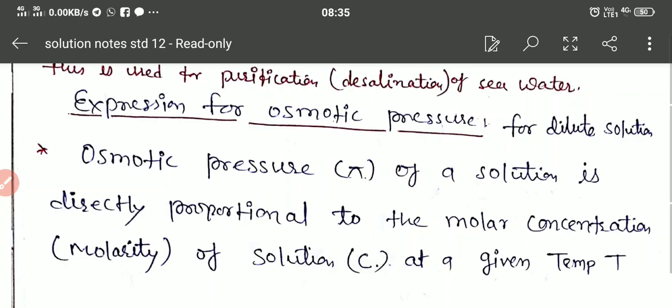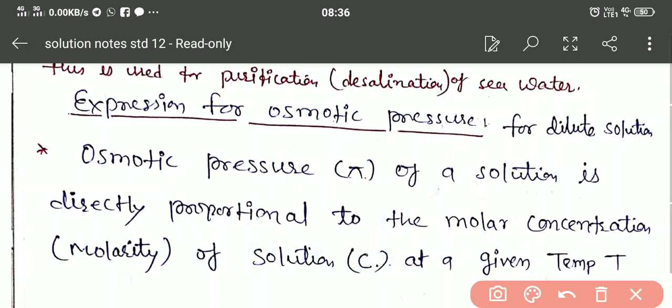So the expression for osmotic pressure for a dilute solution can be found by the following method. First we know the osmotic pressure of a solution is directly proportional to the molar concentration of the solution, C, at a given temperature.